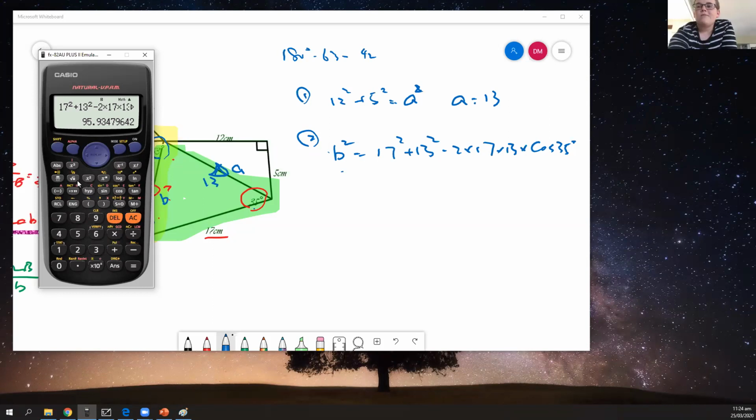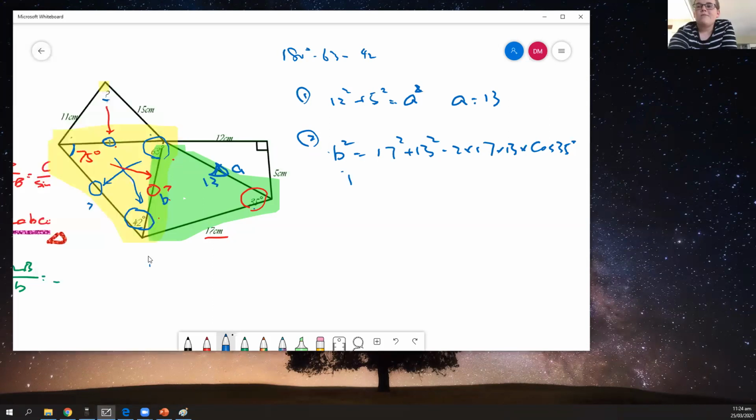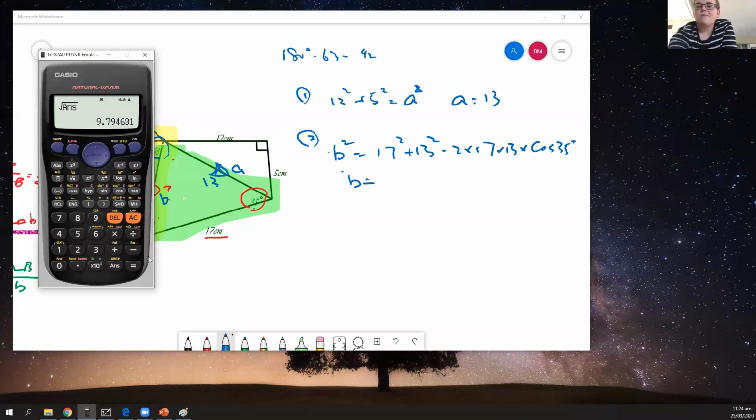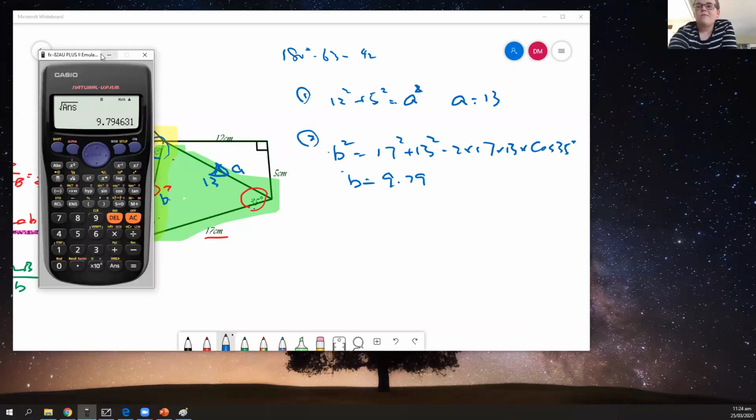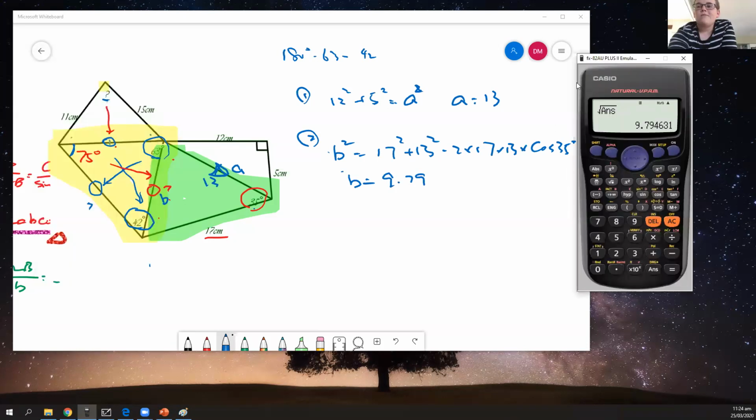All right, that's B squared. So we're going to square root that thing. So B is equal to 9.79. All right. Okay. Now we know B already.